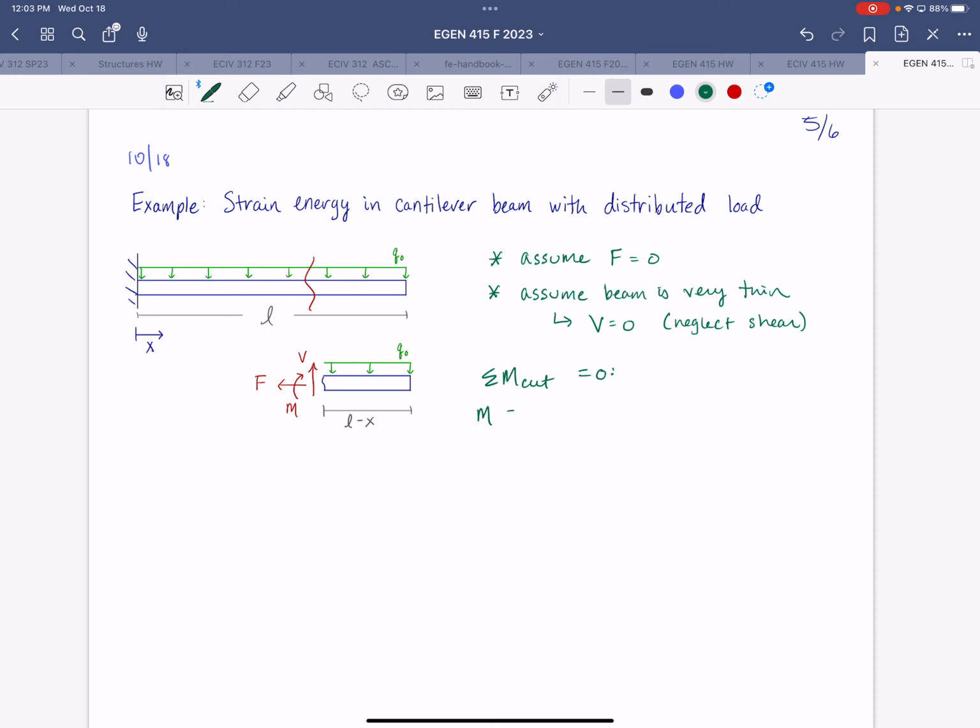We'll get our moment expression in terms of Q, L, and X. So say M of X is equal to negative Q naught times L minus X. So we're just summing moments about the cut. This is the resultant force, and then we have to multiply it by the moment arm, which is L minus X over 2. So that simplifies to negative Q naught times L minus X quantity squared over 2.